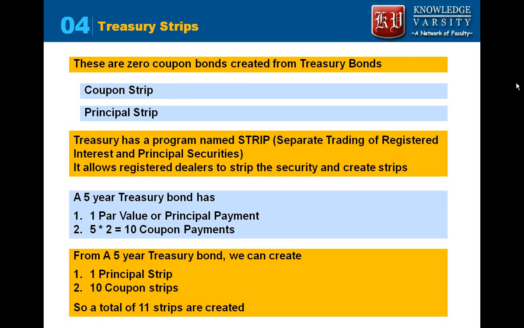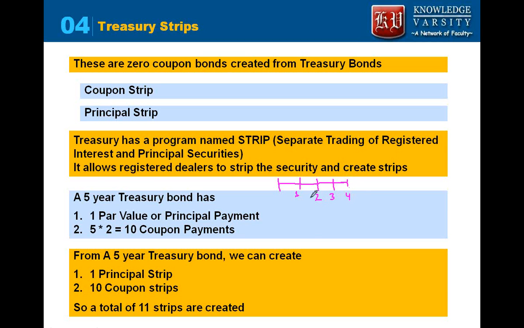So consider a bond which is trading. It is a 2-year bond, so it will pay the first coupon, second, third, and at the fourth it will pay face value as well as coupon.